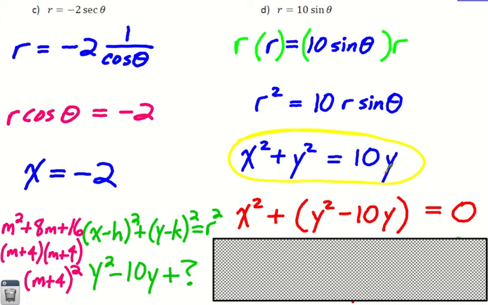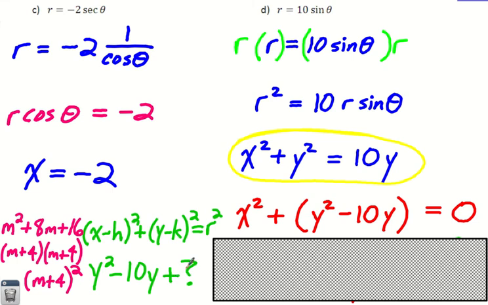Let me say that again. What would be this magic final term? Y squared minus 10y plus what, to make it a perfect square trinomial? A trinomial that when you unfoil it into two bubbles, it would be the same two bubbles repeated. What do you think?